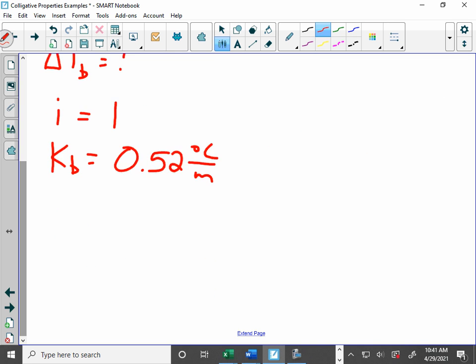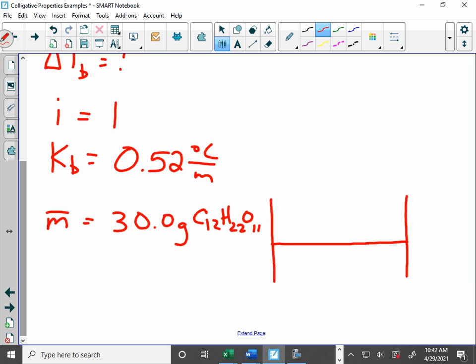The final thing I need to do is calculate my molality. So I take my value that I have for my solute. My solute was the sucrose, and my value for the sucrose was 30 grams. So I take that 30.0 grams of C12H22O11, and I need to use dimensional analysis to get my number of moles.